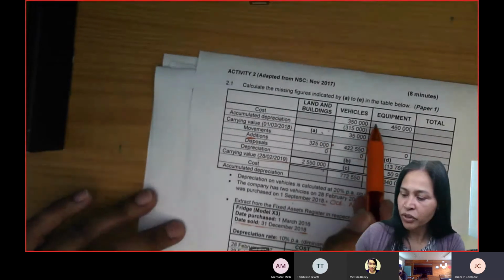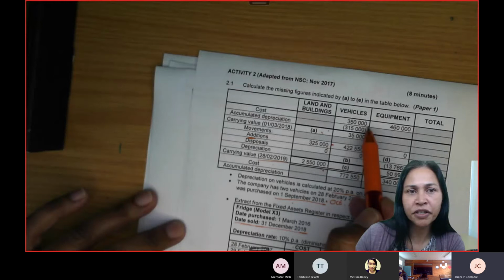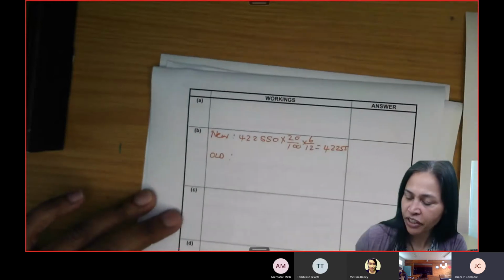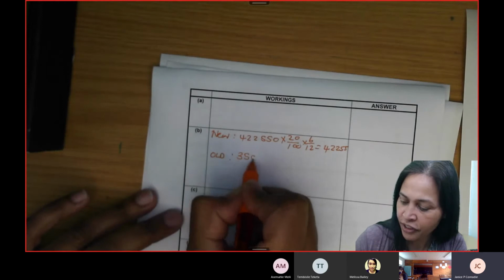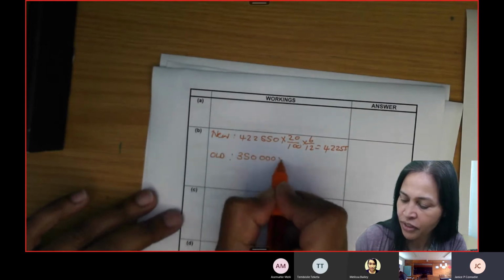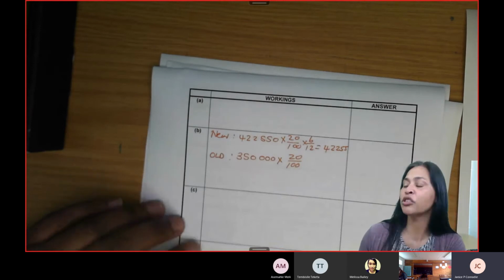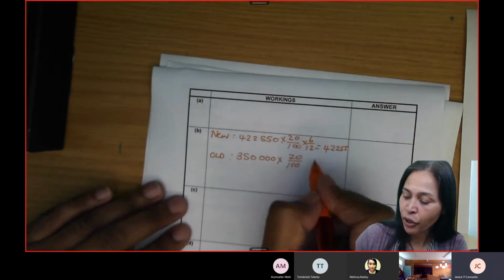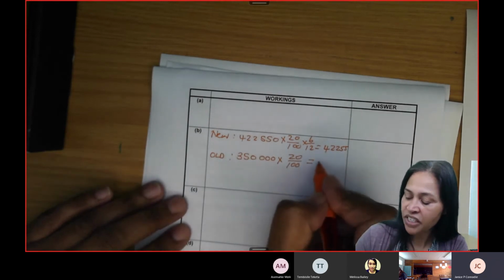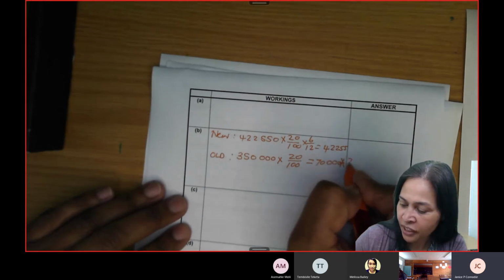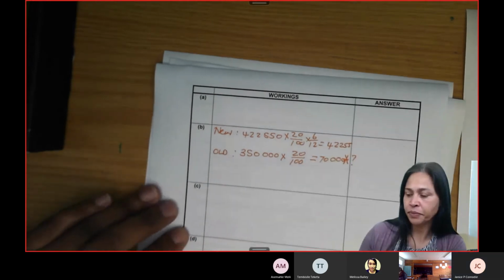The cost of my old clearly says 350,000. So I'm going to calculate that for the full financial year, 350,000. Yes, my rate is still the same. It is 20% on the cost price method. You should get 70,000 for this one. Now, let's make an asterisk there and a question mark.